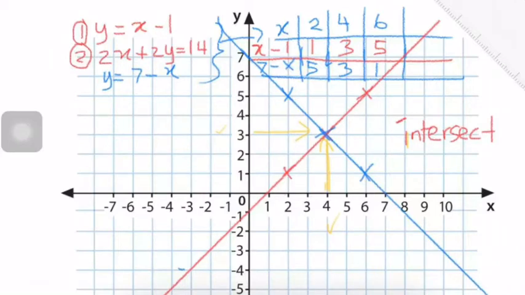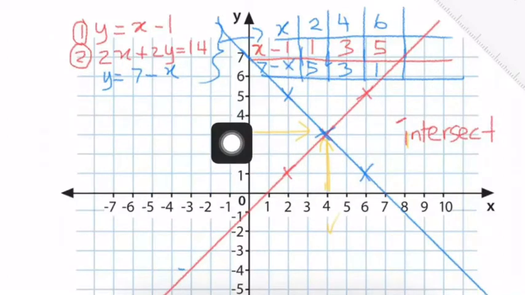So you have to read the coordinate at the intersection. So in our case, from the graph, we can see that the intersection here for the first and the second equation, the intersection happens here. And when we read the coordinate is 4, 3.